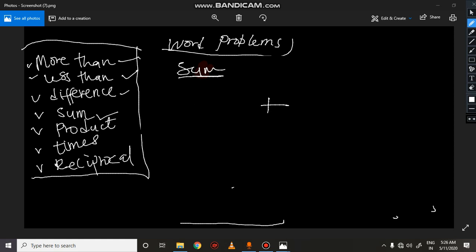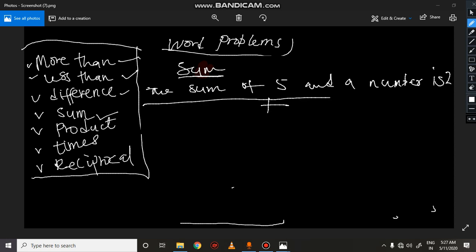So maybe the sum of 5 and a number is 2. When I'm reading this, when I get to sum, I write my plus, then read after.